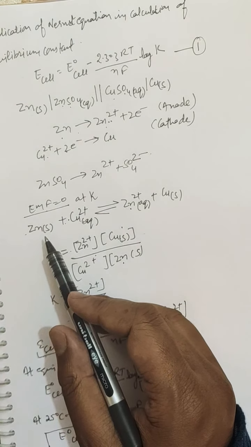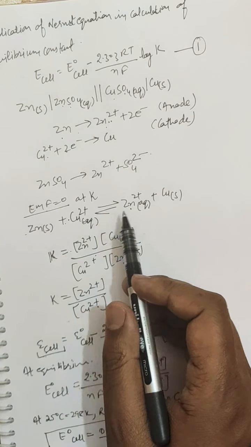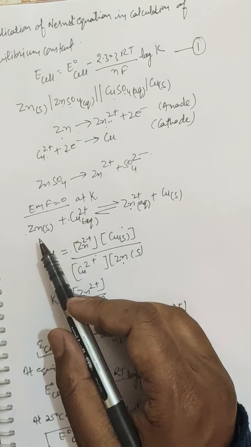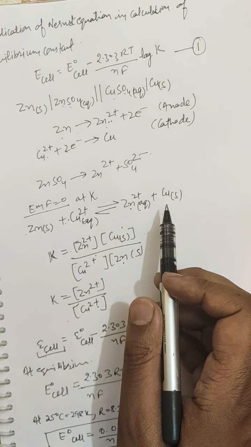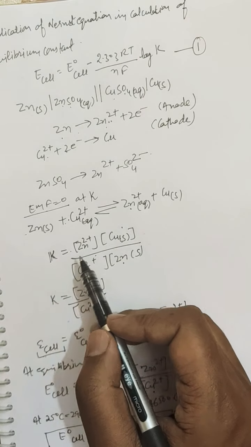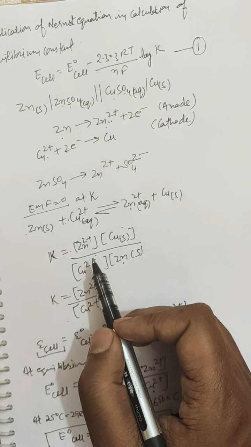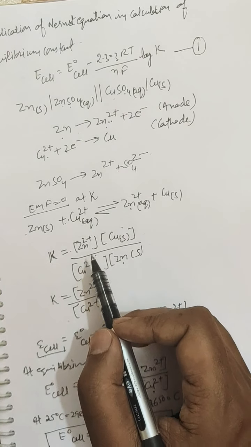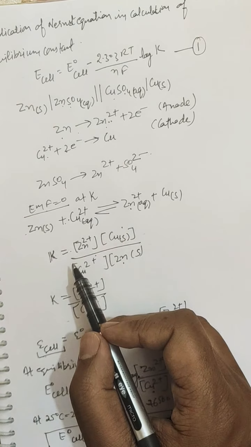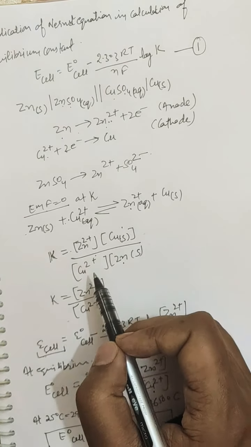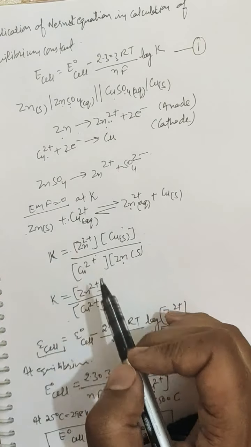So at equilibrium, this equilibrium is established in the reaction as zinc is converted into Zn²⁺ aqueous and Cu²⁺ is converted into copper solid. So the equilibrium constant can be written for the above reaction, because by definition, the equilibrium constant is the product of the concentrations of the products raised to the power of their stoichiometric coefficients divided by the product of the concentrations of the reactants raised to the power of their stoichiometric coefficients.